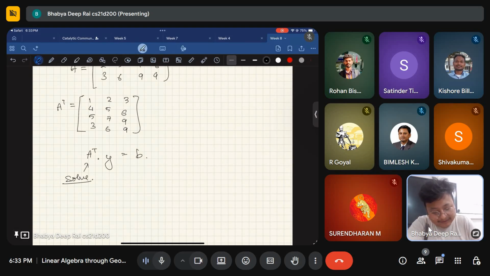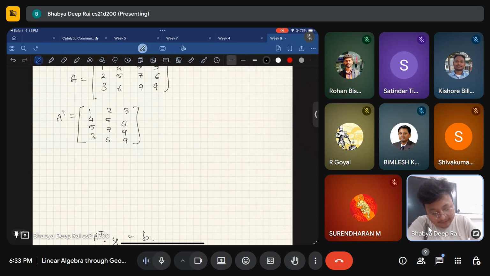Even before we ask this question, what if I look at these columns and look at the span of these columns? Span of 1, 4, 5, 3, 2, 5, 7, 6, 3, 6, 9, 9. So this is the row view of doing things.